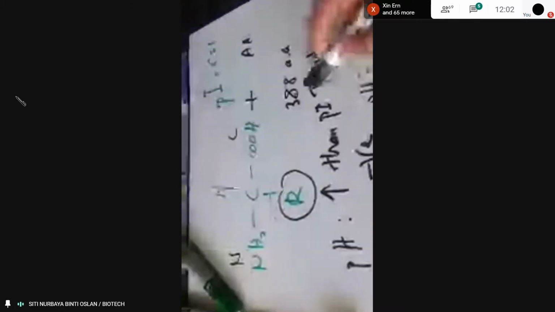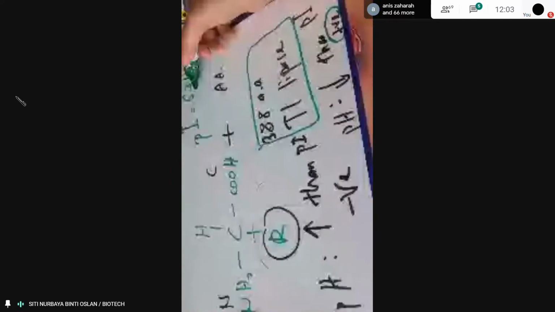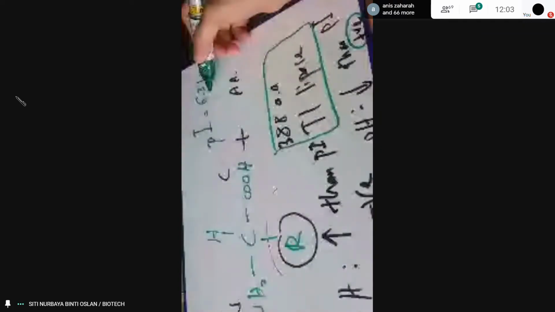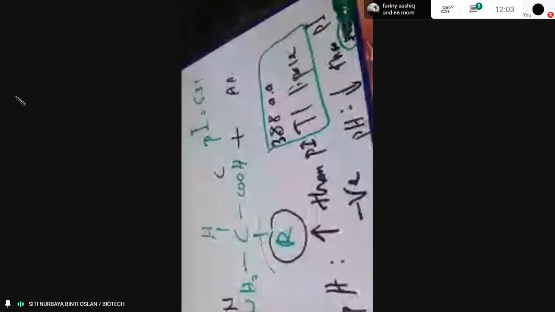We use a buffer lower than the PI. The buffer should be maybe 6 or 5.7.